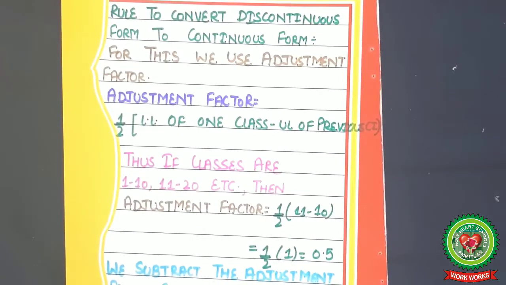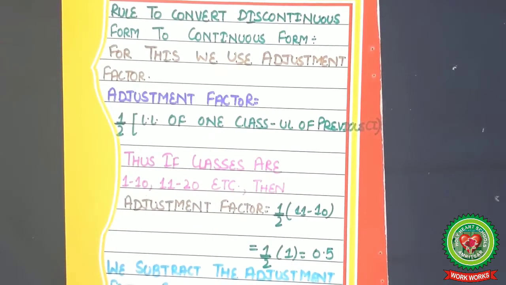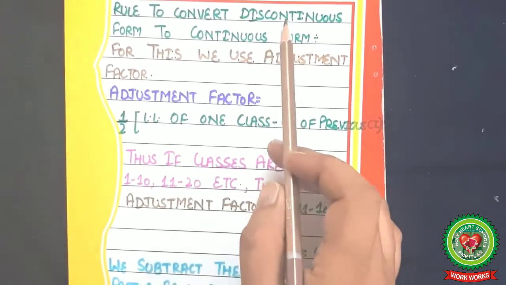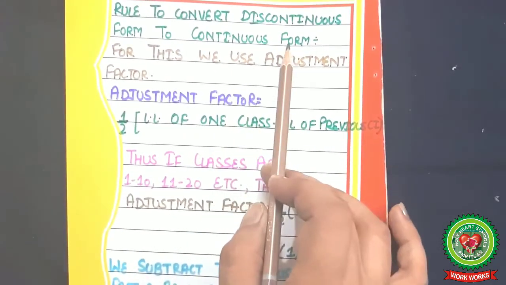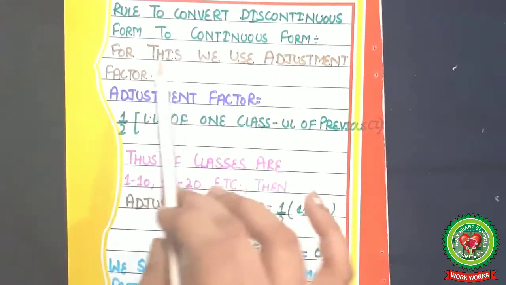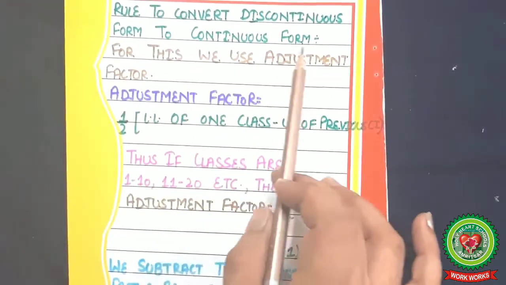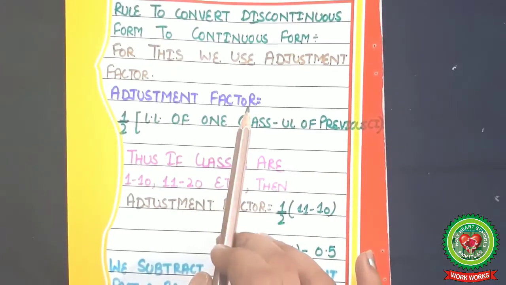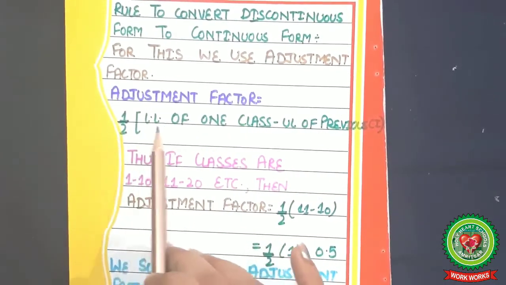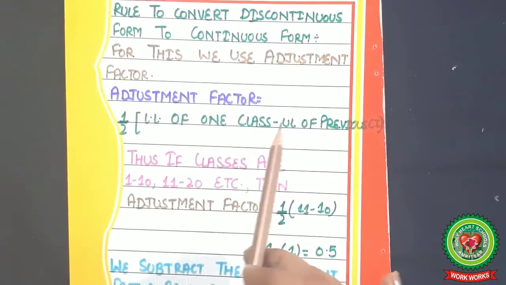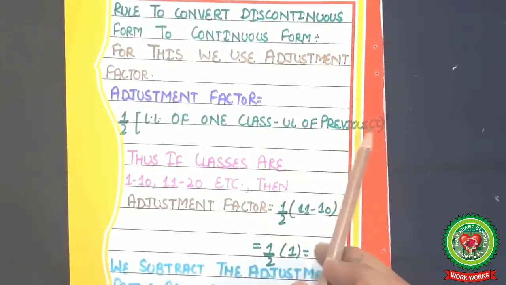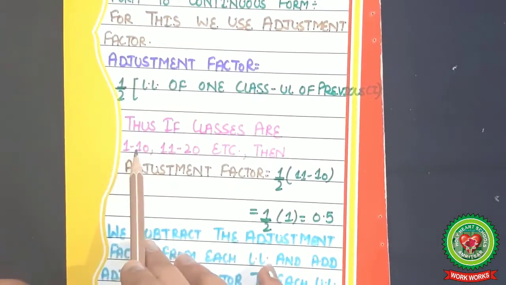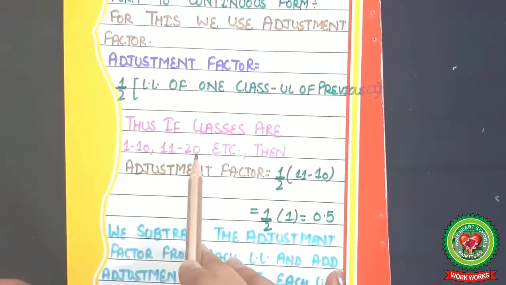Children, if data is given to us in discontinuous form, firstly, we will convert that data into continuous form by using a rule. The name of the rule is adjustment factor. Now, what is adjustment factor? Its formula is 1 upon 2 times lower limit of one class minus upper limit of previous class interval. Here I have taken the examples as 1 till 10, 11 till 20.